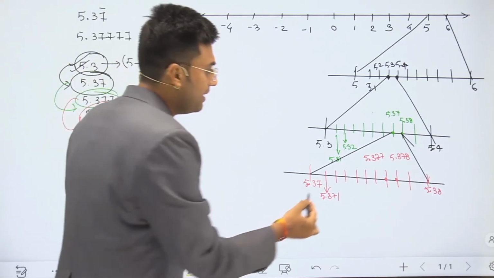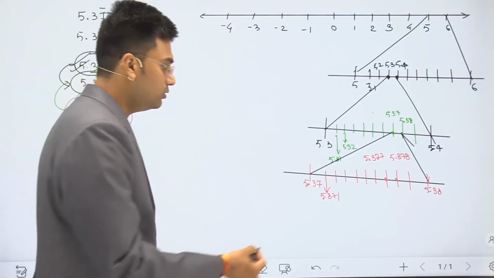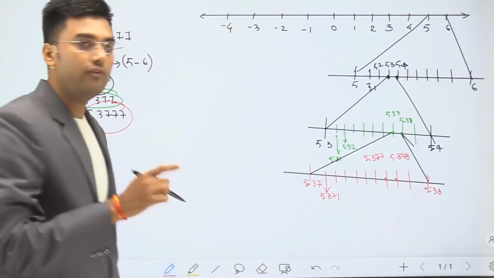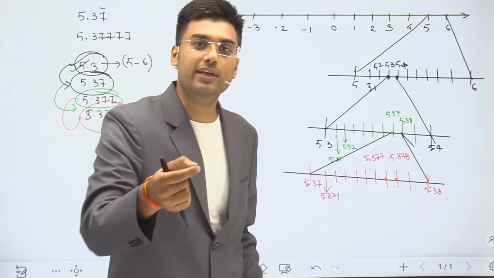Now we have to represent 5.3777. It lies between 5.377 and 5.378. So we further divide 5.377 and 5.378 into 10 equal parts.